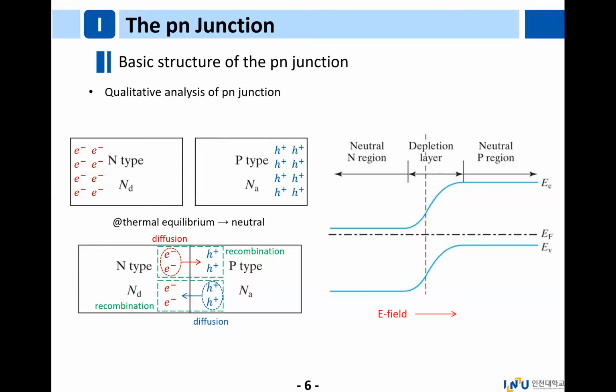Therefore, carrier diffusion occurs, and the diffused carriers recombine on both sides, leading to their disappearance.